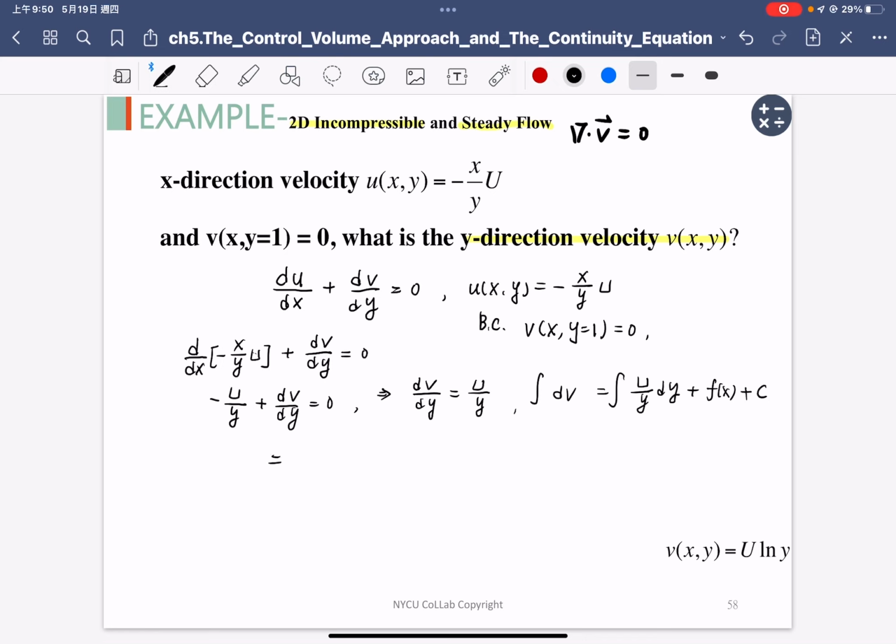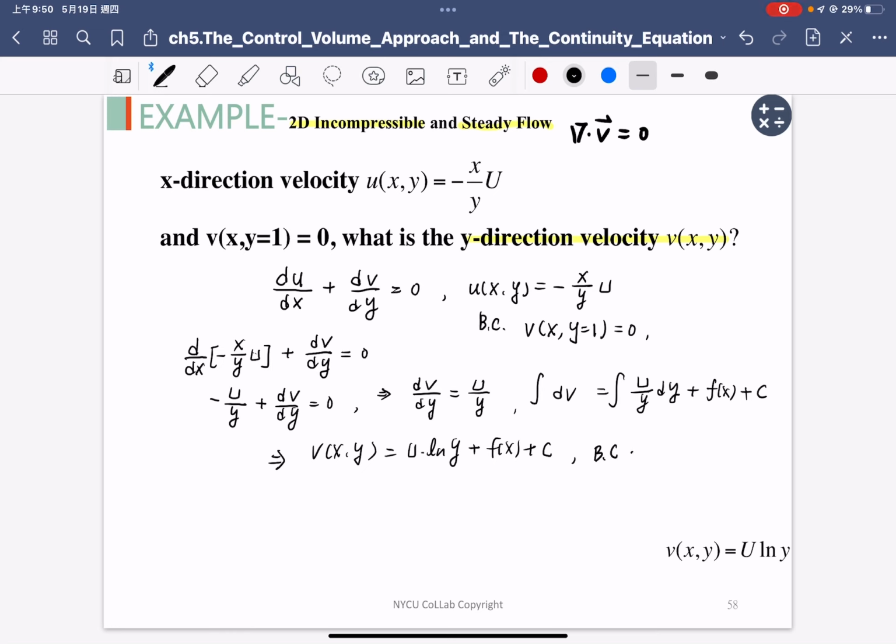So the final v function of x, y will equal u ln y plus f(x) plus the constant value.